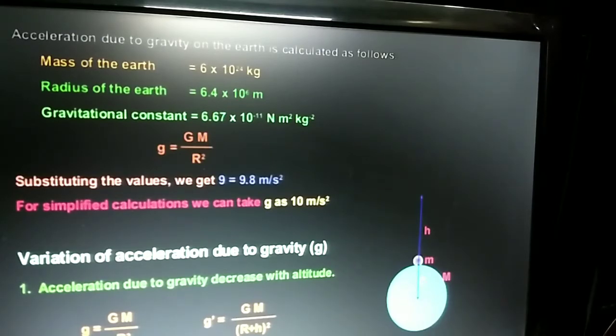Suppose g is equal to G M by r square, then g dash, that is at a height h, acceleration due to gravity is equal to G M by r plus h whole square.